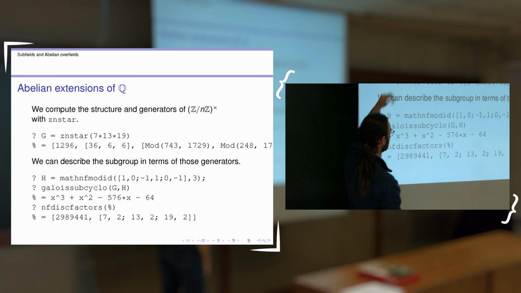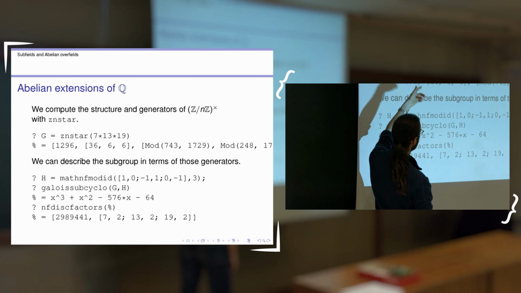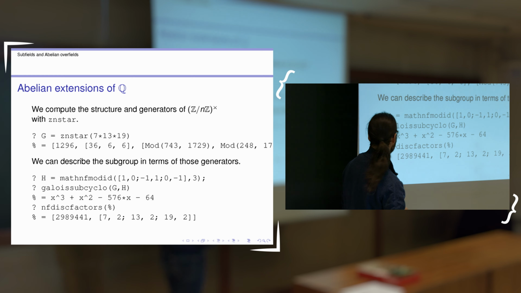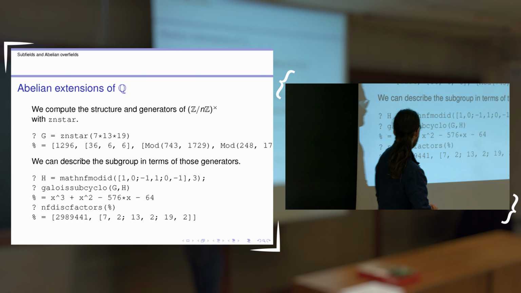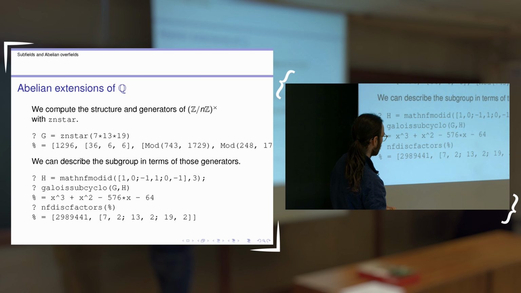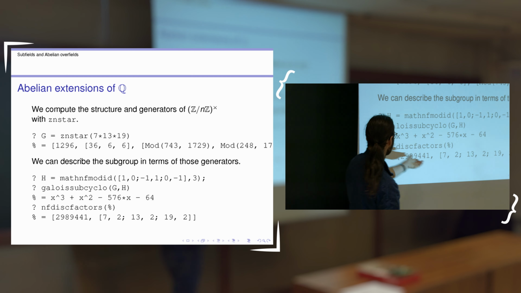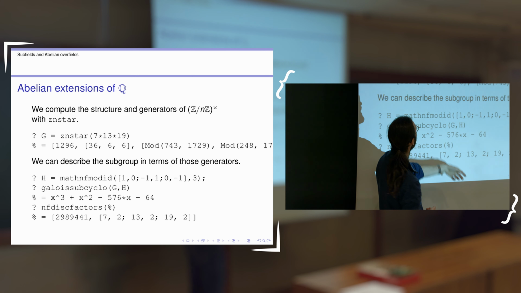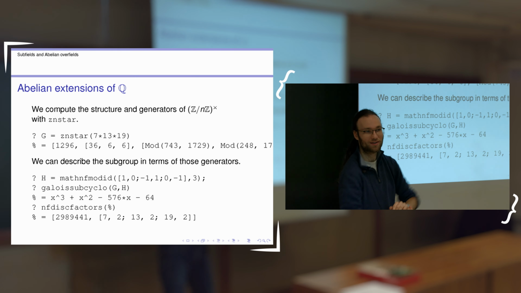Here I'm just doing one example of this type, with some matrix defining a degree 3 subfield. And we can check that the discriminant really has the divisors that we expect.